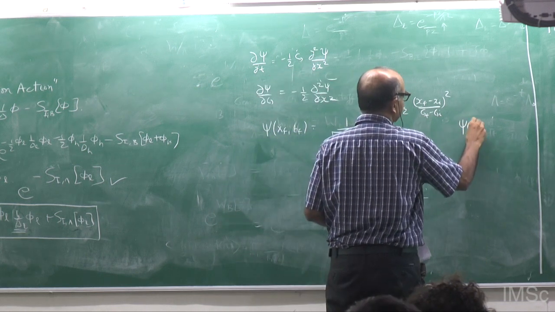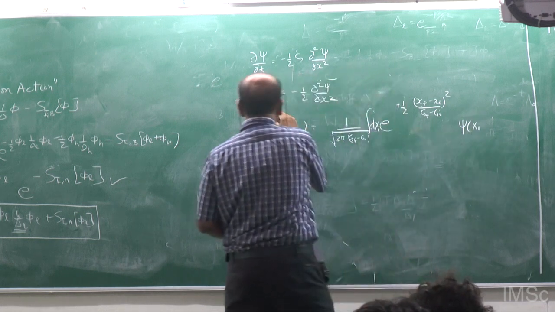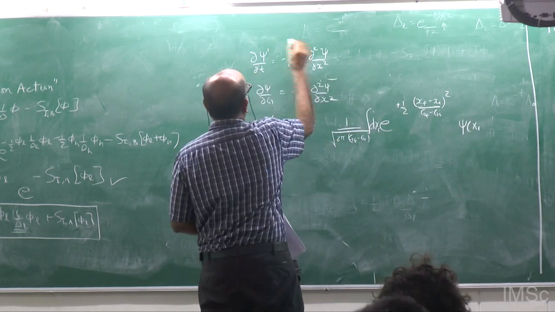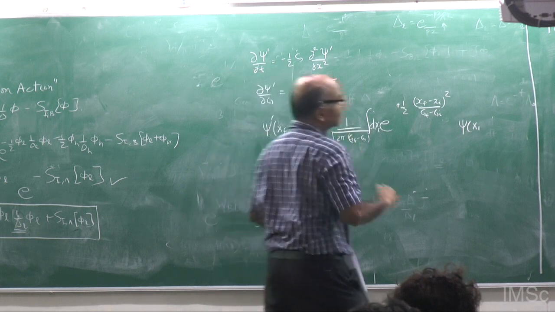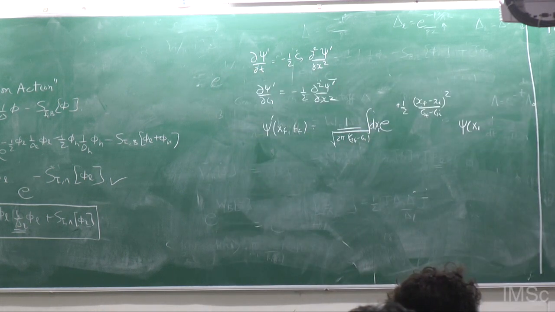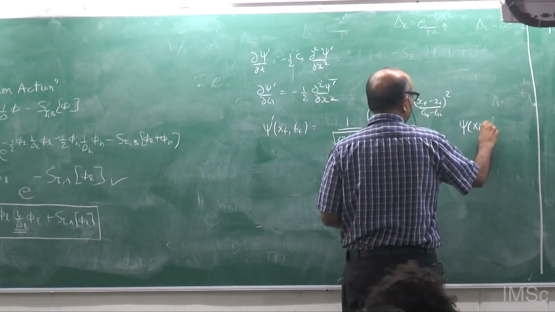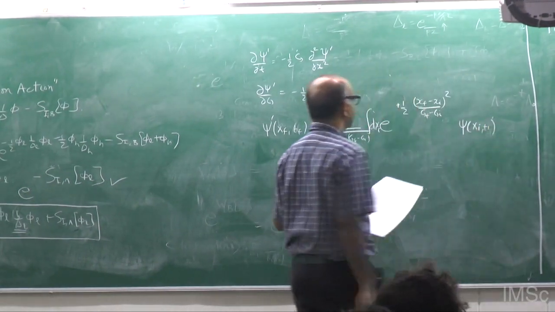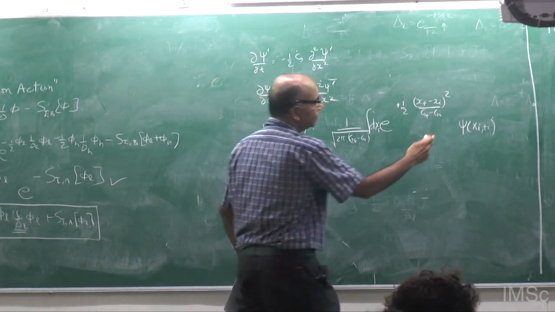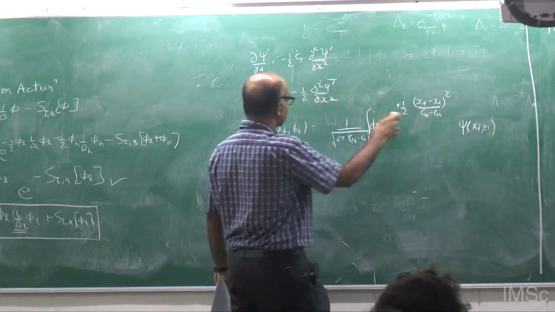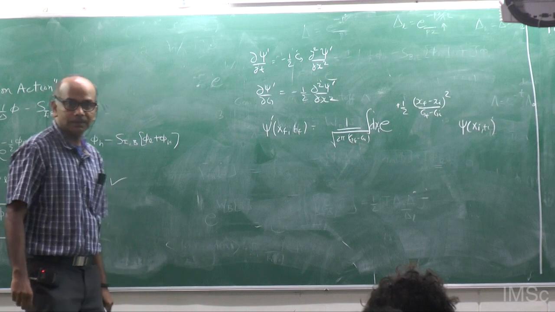times psi x_i. I should call this psi prime, because psi prime is just this part. This is the equation for just this part. I'm not solving this equation, I'm solving that equation. So I call it psi prime x_i t_i. G_i is the value of G at t_i, G_f is the value of G at t_f.